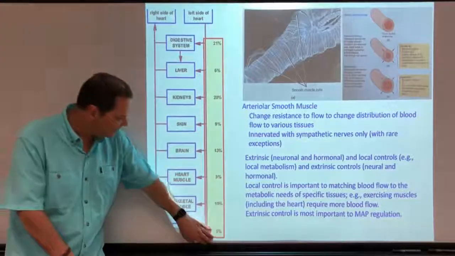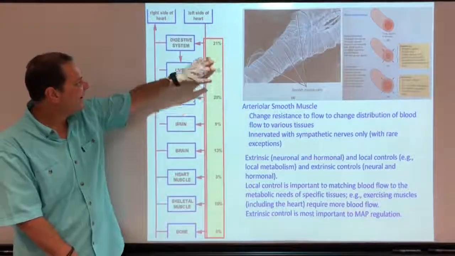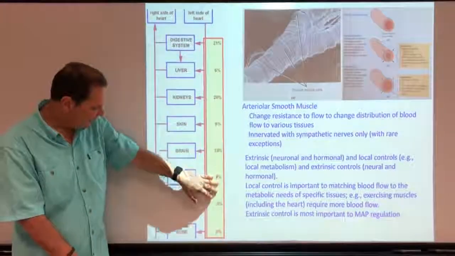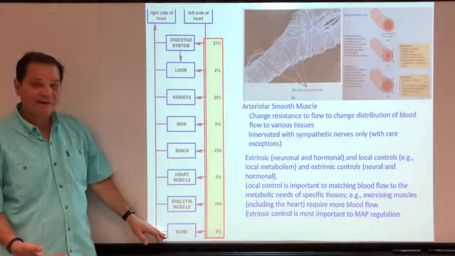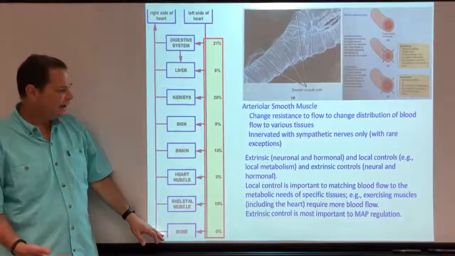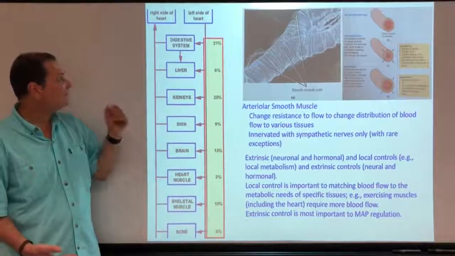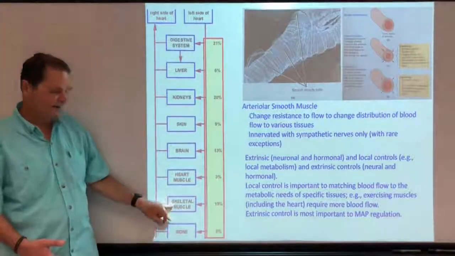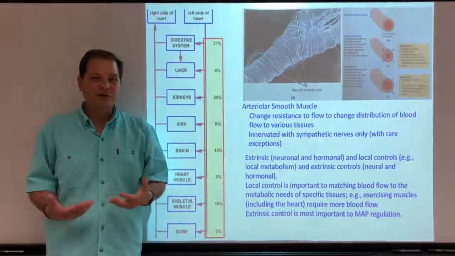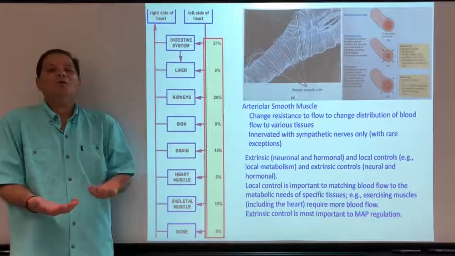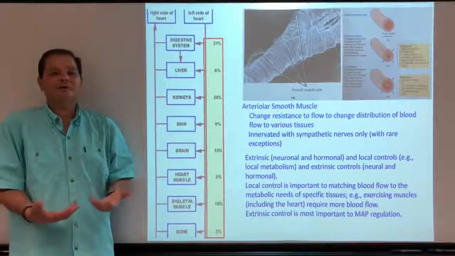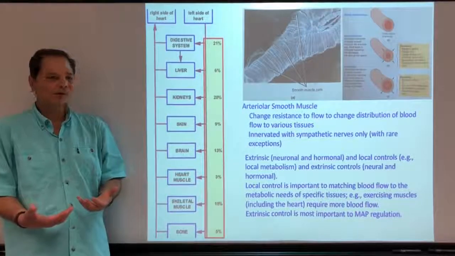So this is the typical amount of the cardiac output that each of these organ systems will get. And for instance, if I increase the activity in skeletal muscle, if I start exercising, then obviously I'm going to want to increase the flow to the skeletal muscle so that it will get more oxygen and more nutrients.